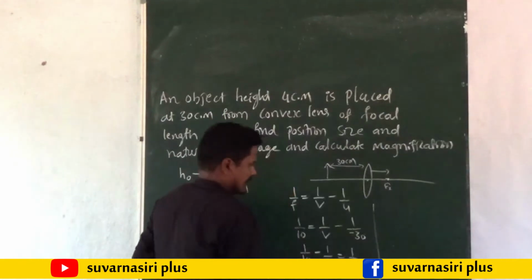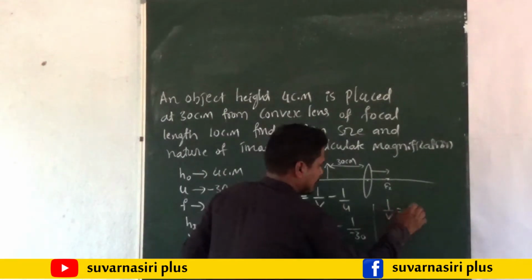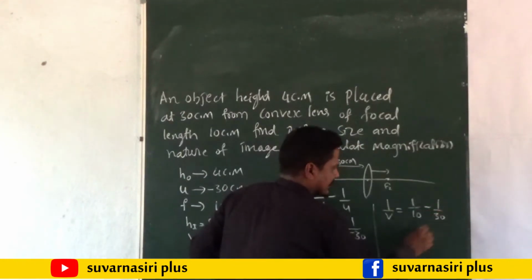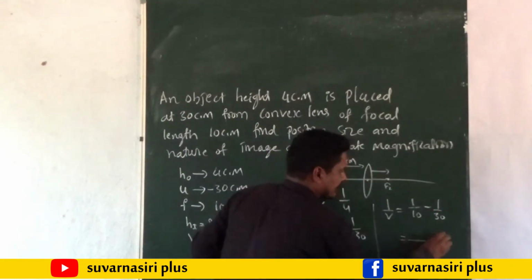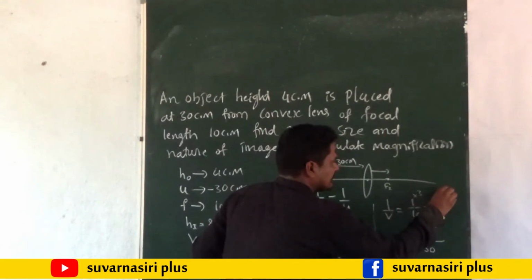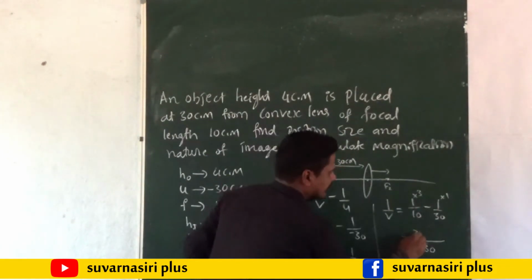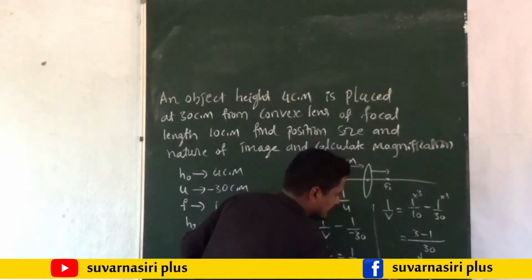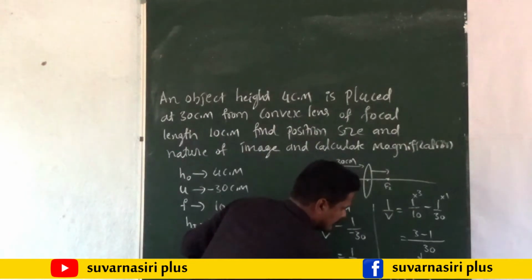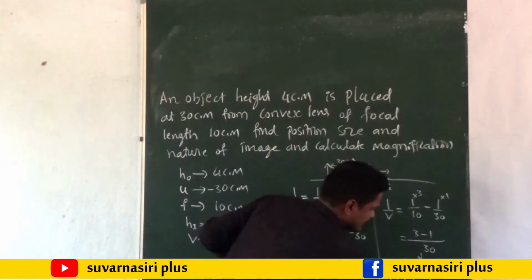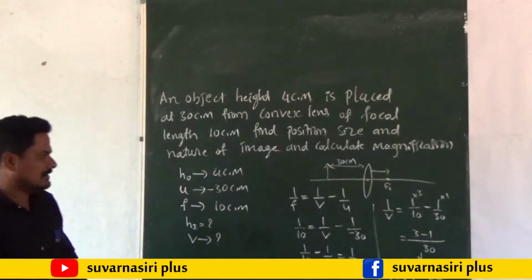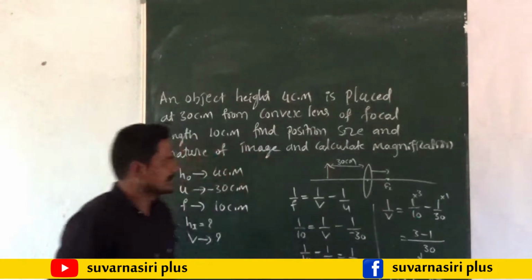So 1 by v is equal to 1 by 10 minus 1 by 30. We take the LCM, which is 30. 3 minus 1 gives 2 by 30, which is 1 by 15. So 1 by v is equal to 1 by 15, and v is equal to 15 centimeter.